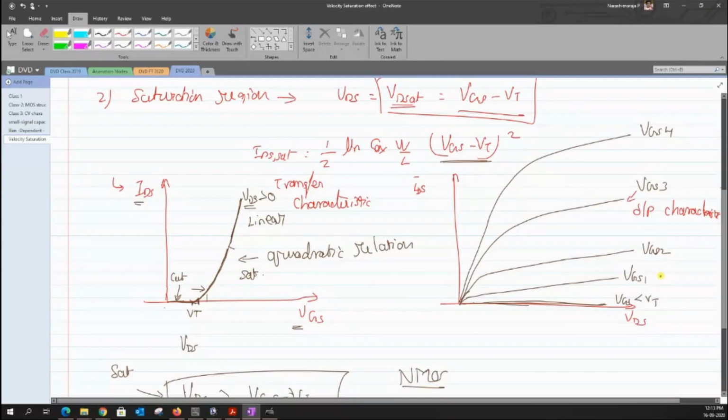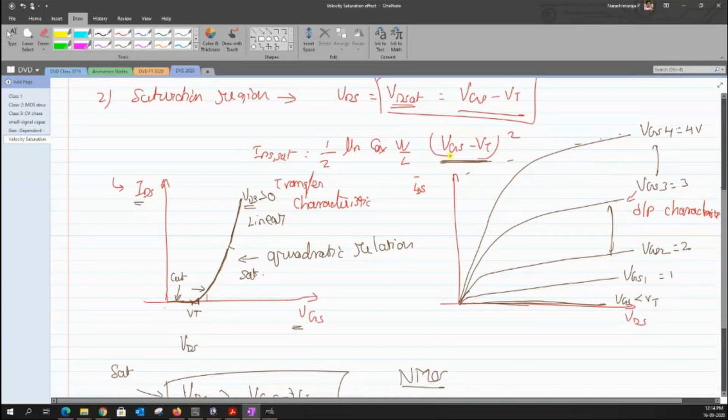So what it means is that if I have, say for example, 1 volt, the VGS2 would be like 2 volt, the VGS3 will be like 3 volt, and VGS4 would be like 4 volt. So the difference between the neighboring voltages is all 1 volt. When I do so, you could see that the currents are expanding but not equally. It is not exactly incremented in the same equal step heights. The height difference between these two currents and the height difference between these two currents are different. And this again is purely because of this square relation that I have.